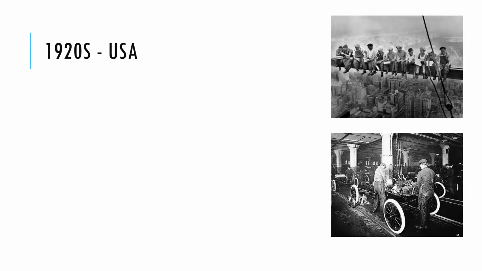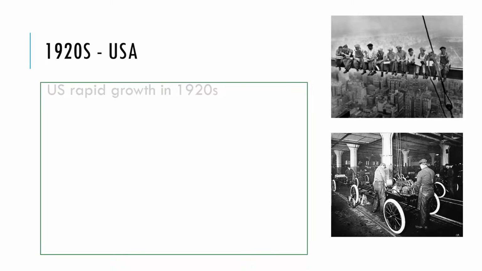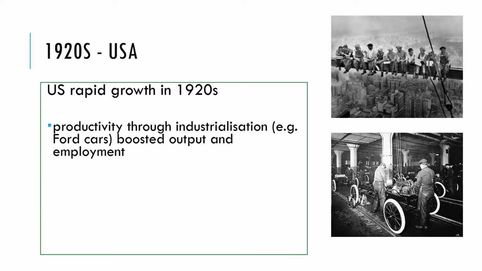So let's start off by looking at the 1920s and the USA and the period running up to the Great Depression. Well, this has been a period of rapid economic growth in the USA, driven a lot by increases in productivity. So the division of labor and specialization, for example, the Ford production plant, boosted output and employment.